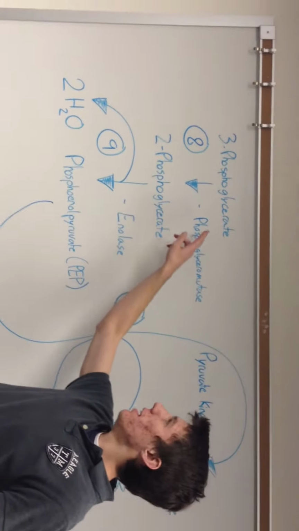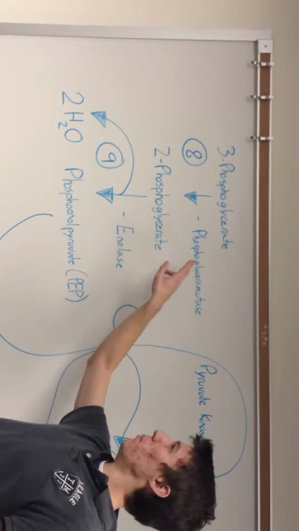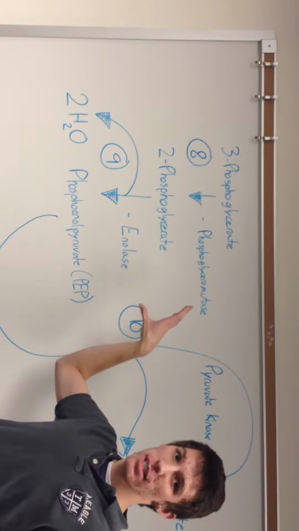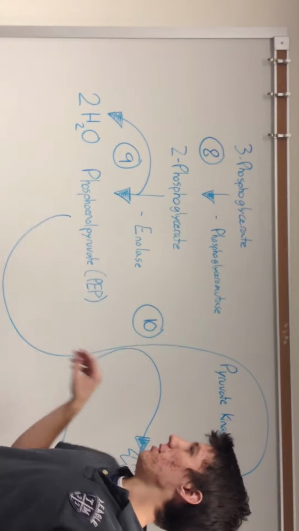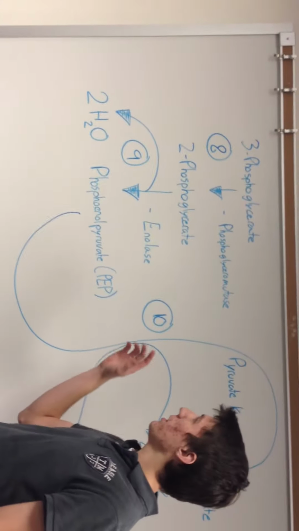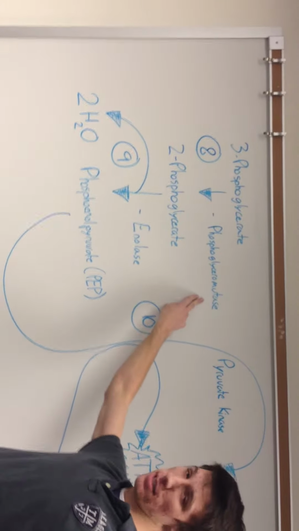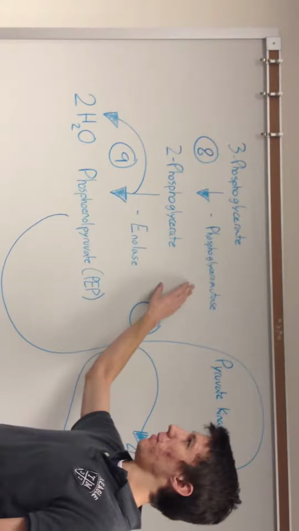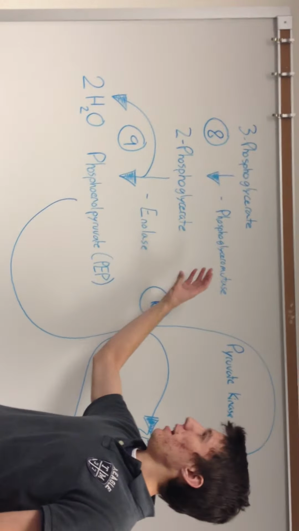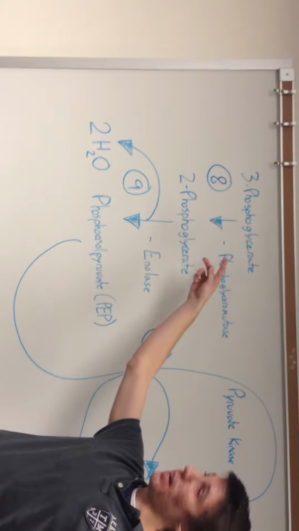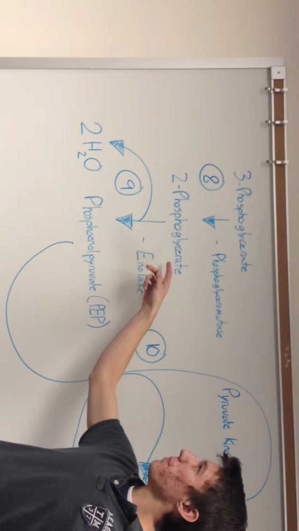So from step 7, you get the 3-phosphoglycerate. The phosphate is not in an ideal position. It's got to move to a more unstable position in the molecule, because eventually it's going to come off for ATP. So phosphoglyceromutase is an enzyme that moves the phosphate to a different place on the molecule. It moves from the third carbon to the second carbon.